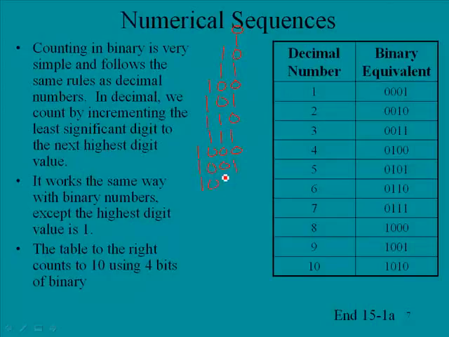9, 10, 11, 12, 13, 14, and 15. And so we would say 1, 2, 3, 4, 5, 6, 7, 8, 9, and then we could say 10 here.